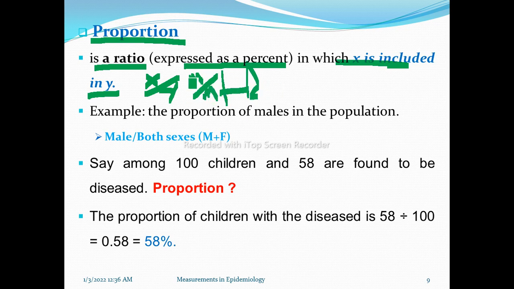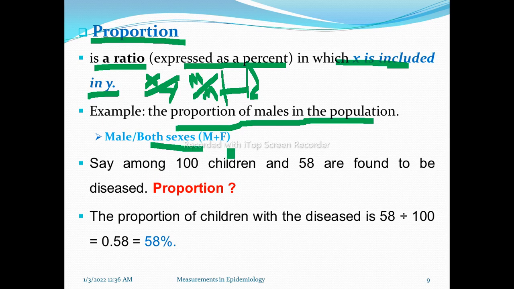Males are found in the denominator, so this is not independent. The proportion of males in the population means male over both sexes, male and female. Males are in the numerator, so they are also found in the denominator. But in the case of a ratio, male over female, males are not found in the denominator.